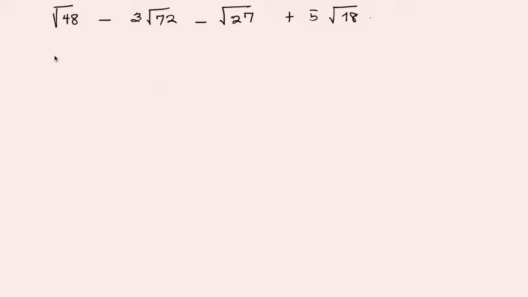Since this is a lot, let me do them in different inks. So if we have this in black ink, we have that 48 can be broken down into 16 multiplied by 3, minus 3, which is what we have here, the root of 3. We can break down 72 into 36 multiplied by 2.